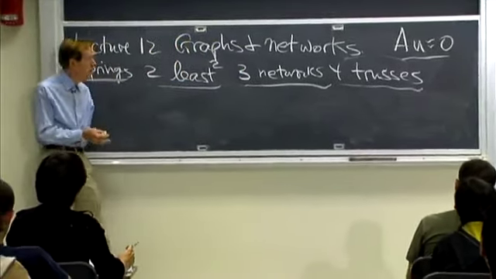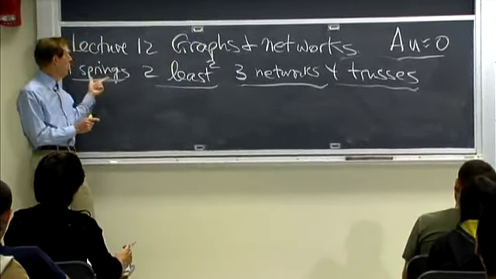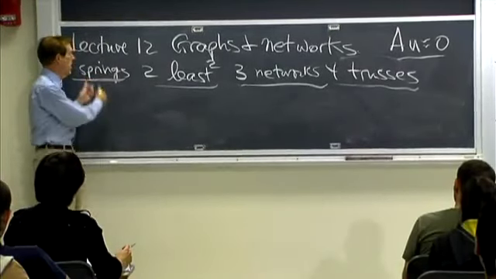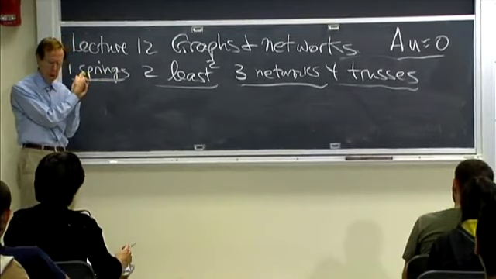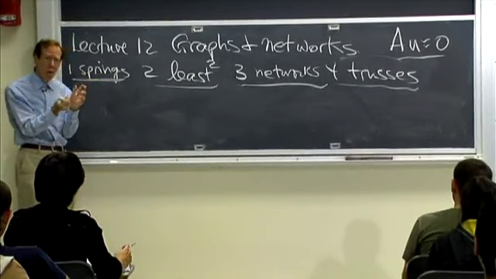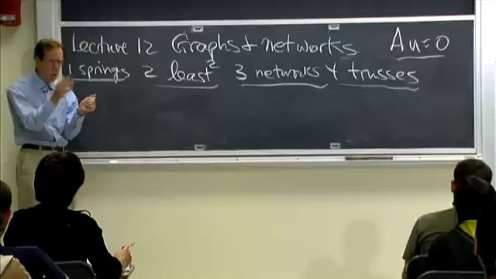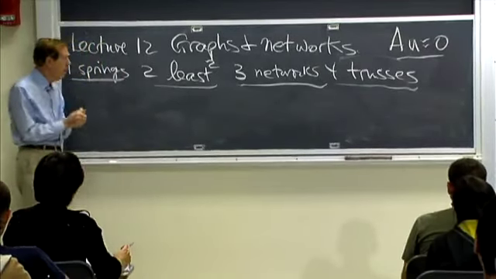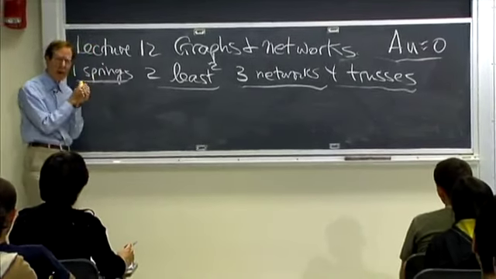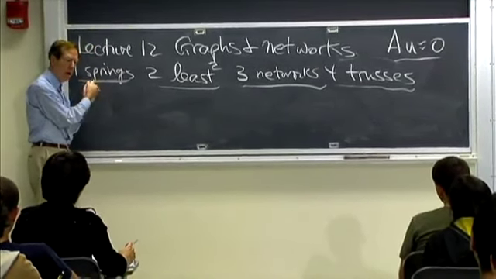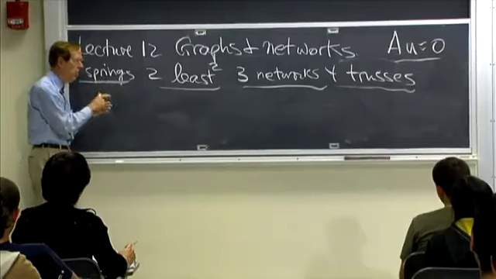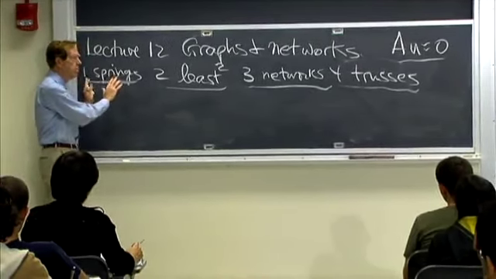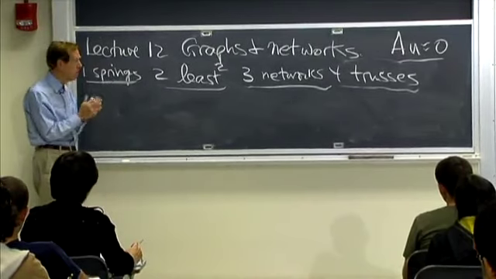Very useful to review. What were the solutions to Au equals 0 in the case of springs? Well, there were some in the free case. The all ones vector, or all constant, was the solution u in the free case, and that's why we couldn't invert it. But in the fixed-free or fixed-fixed case, when we have one support or two supports, that removed the all ones solution. Good.